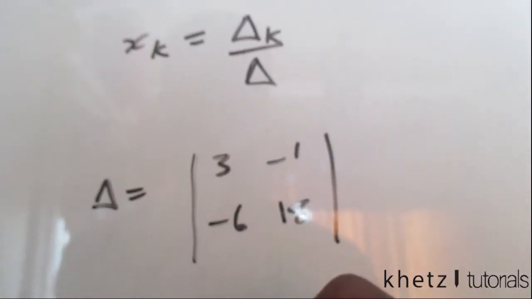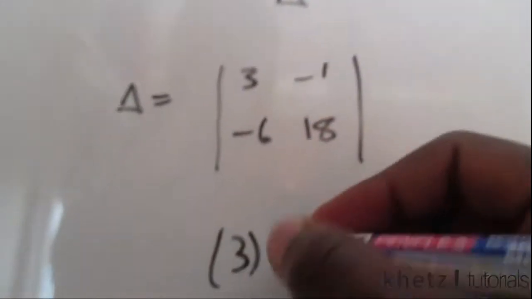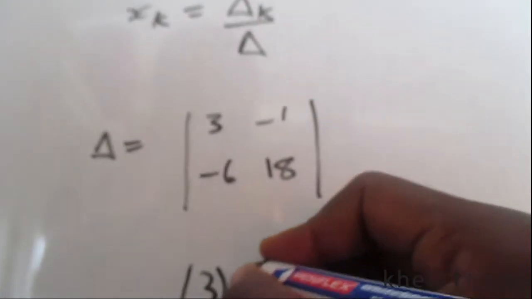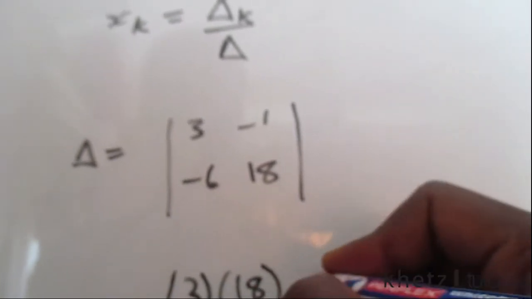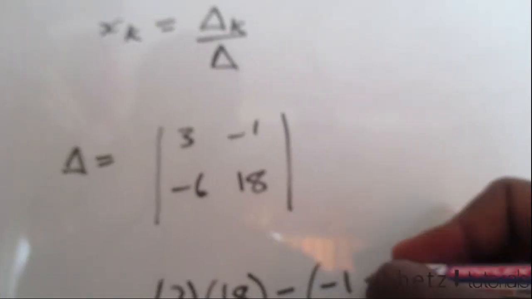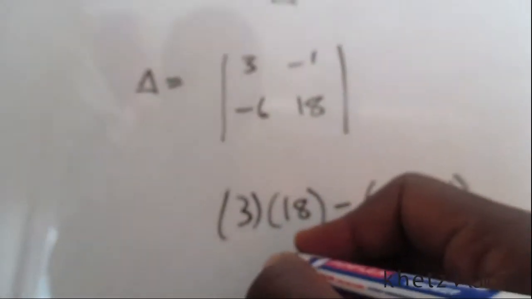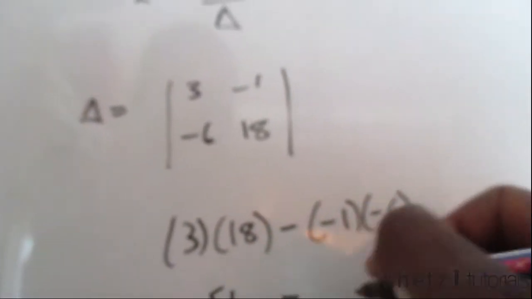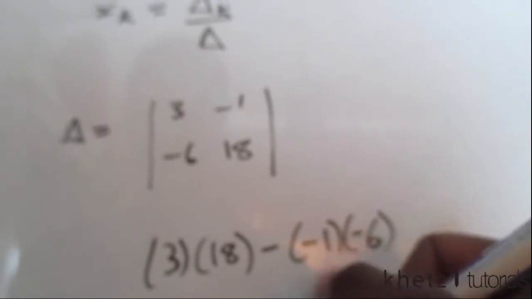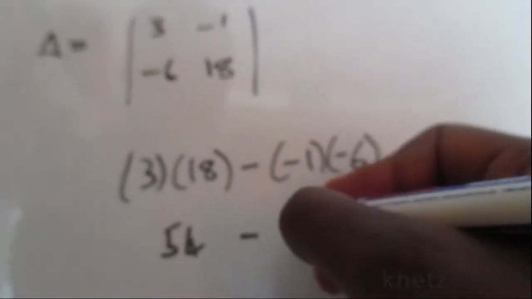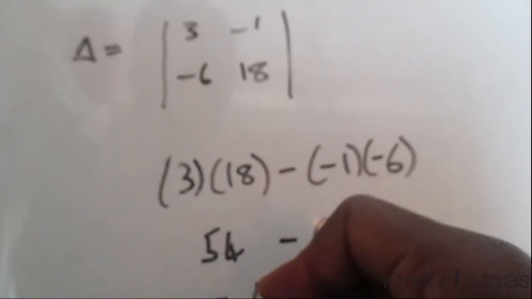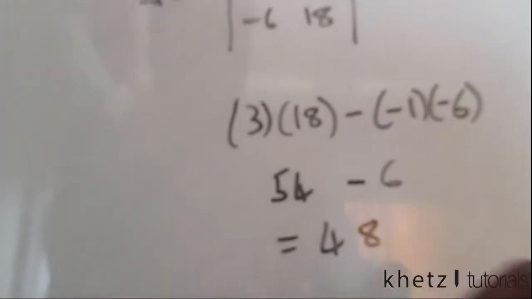So it's going to be 3 multiplied by 18, and then minus 1 multiplied by -6. So this is 54 minus, so this is minus and minus, so it becomes a plus. This is basically 6, and that should give 48. So the determinant of the A matrix is 48, right?